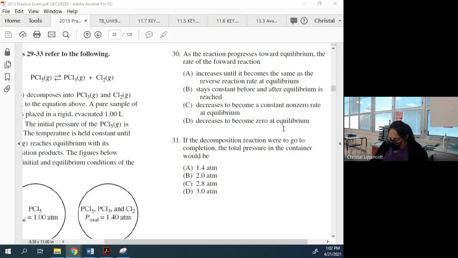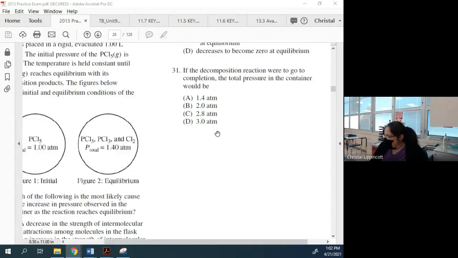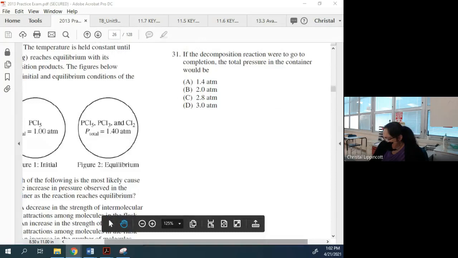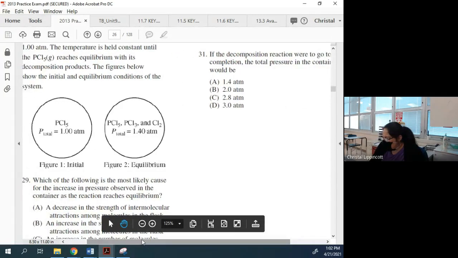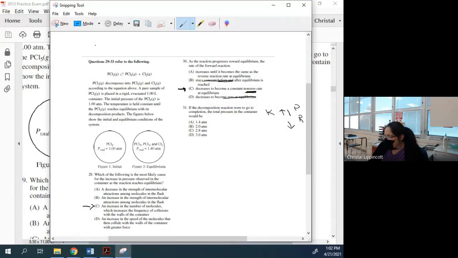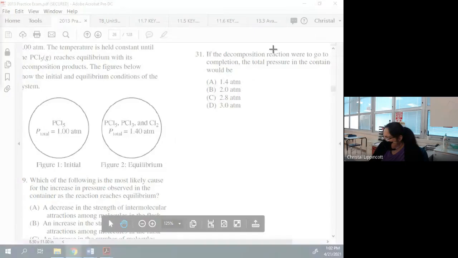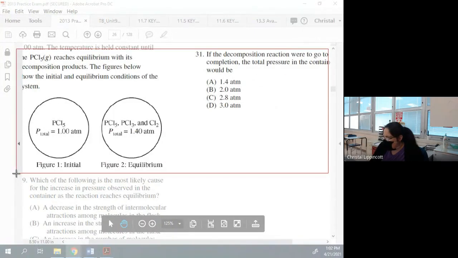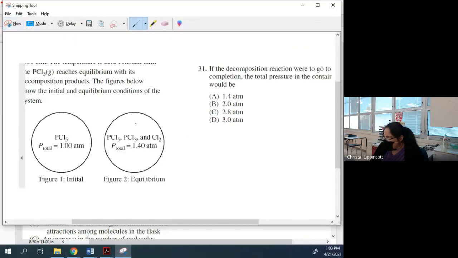All right, so number 30 is where we left off yesterday. You should have had C for that. So now we're working on this decomposition one. See if you can get the answer to this. I'm going to try to do my little snipping thing here so I can get enough of this to be able to write on it.